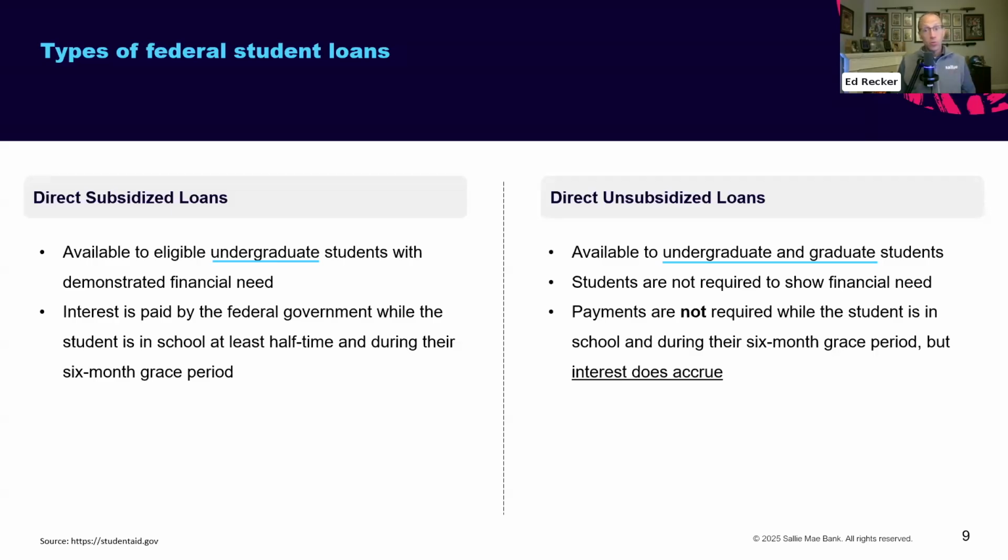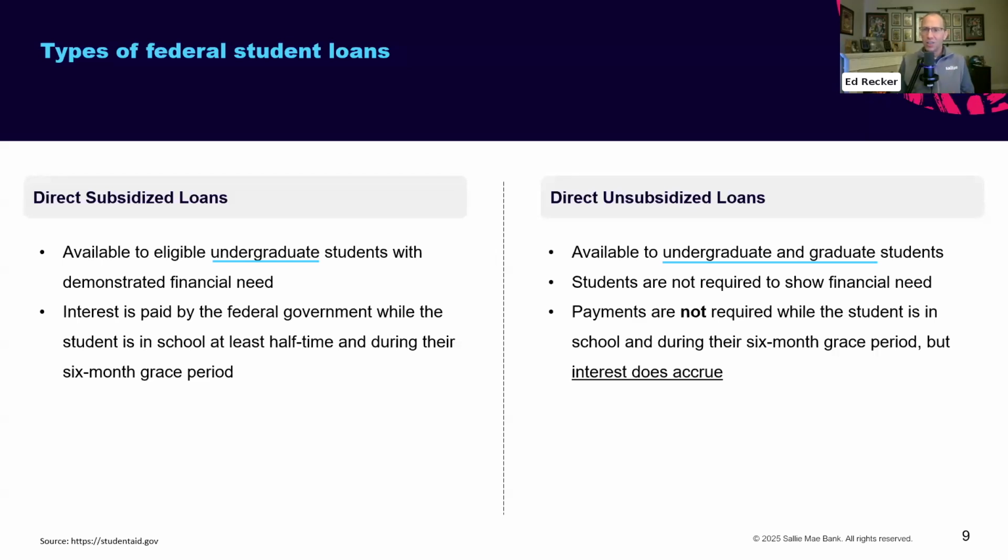So, easy math again, you take out $1,000. That's going to accrue interest while you're in school if you don't make payments, which you're not required to make. I'll be honest, I don't know what that actual number is because it's going to depend on when you take the loan out, what the interest rate is, all those things.